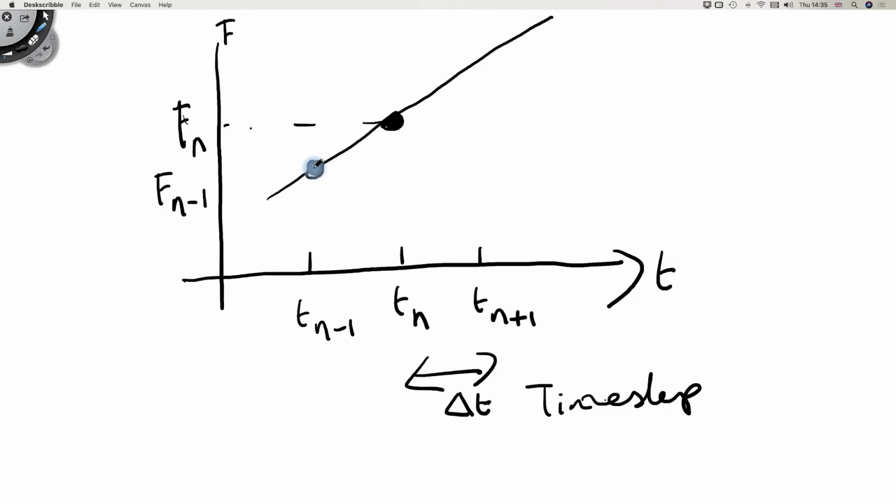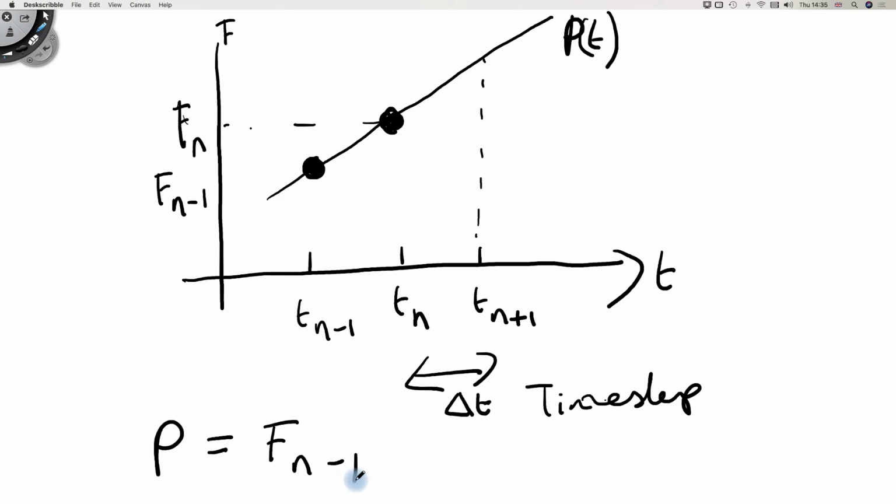Okay, and then we extrapolate using that line. So we're going to call this P of t, P for polynomial. In this case, it's a straight line. And we're using the n minus 1 and the n values to extrapolate further forward, and we know the time step. So that's all we need. And actually, if we have that, we can just write down the formula for P. I'm not going to use y equals mx plus c. I'm going to use a form of the line where you have the starting point of the line that you're given, which is f_{n-1}, and the gradient.